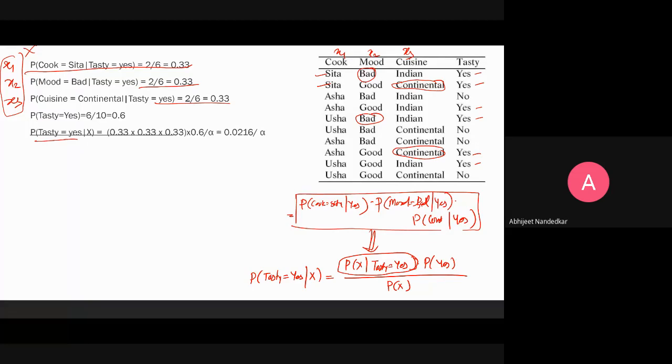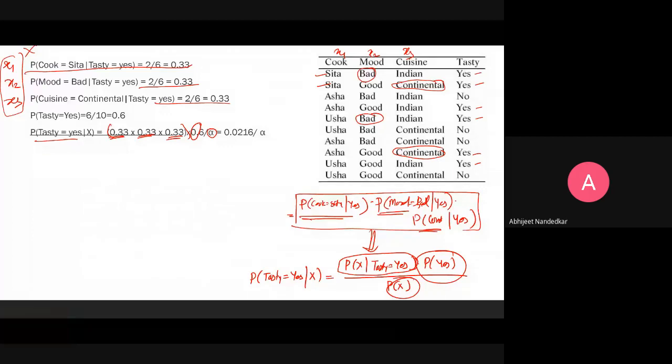So if I do that, then I come to this equation where I just write these three probabilities. These three probabilities are here in this bracket, multiplied by the probability of yes, that is 0.6, and then I divide it by p of x, which I am writing here as some alpha, some constant.